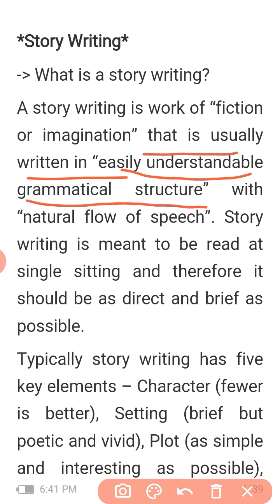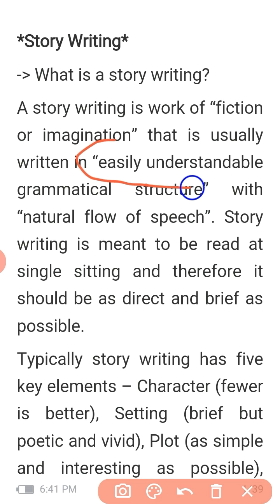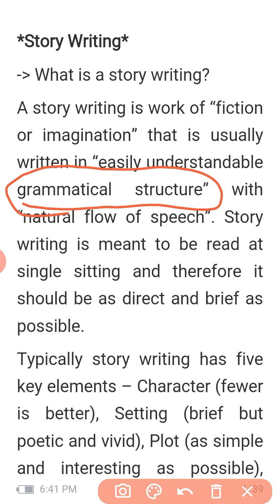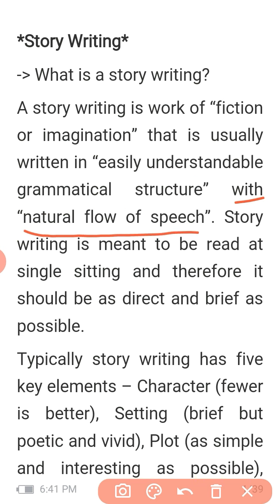Whatever you write, your story should be easily understandable. Everyone should be able to understand your story, and it should have correct grammar, with a natural flow of speech. It should show that you have written it with full feelings.